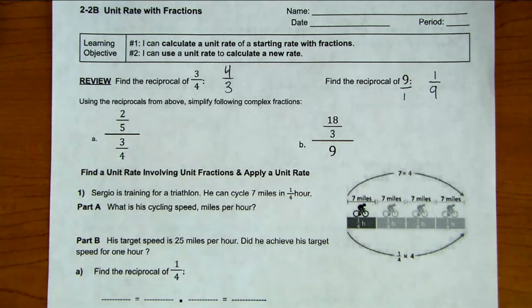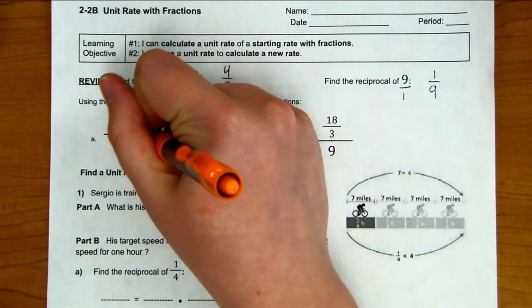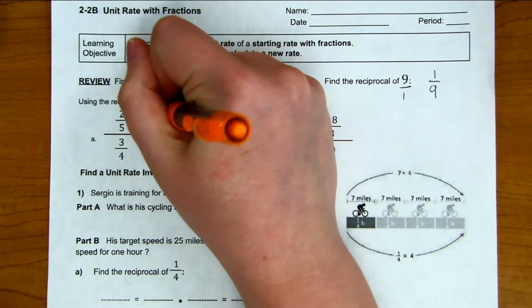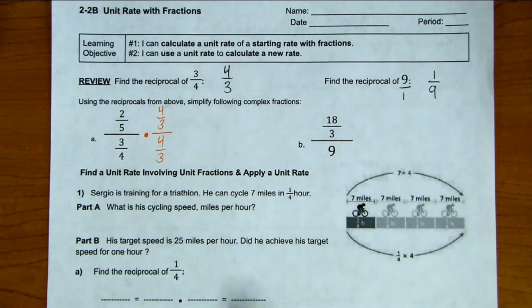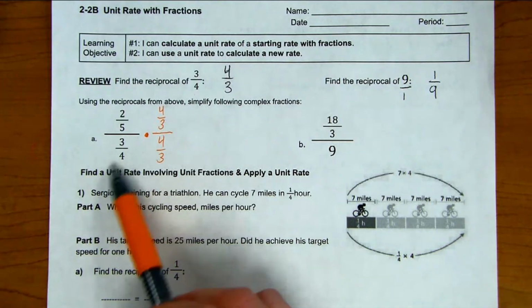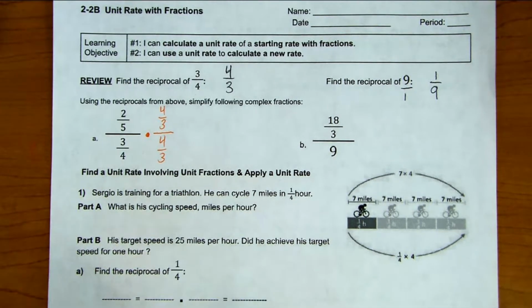So if we do this, we can multiply by 4 over 3 to the denominator and by 4 over 3 to the numerator. This is something we can do instead of dividing by a fraction. So rather than dividing by 3 over 4, because it's difficult to do the calculations when you divide fractions, we can multiply by the reciprocal.